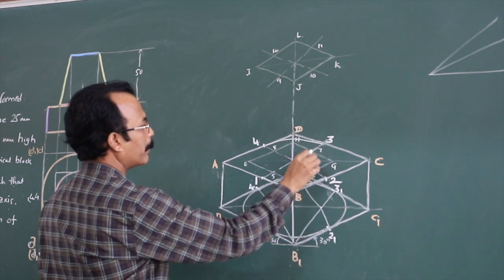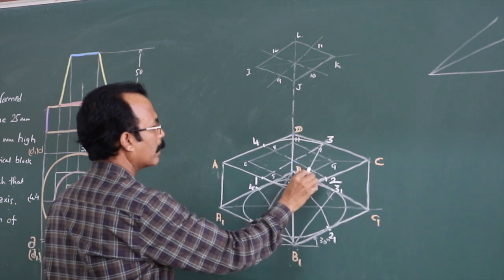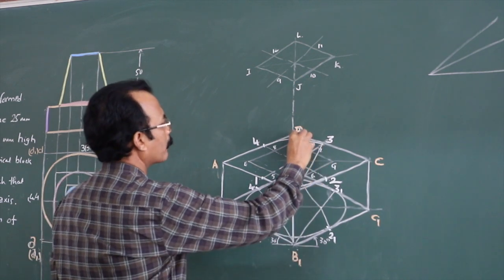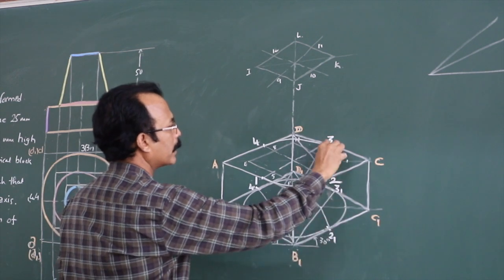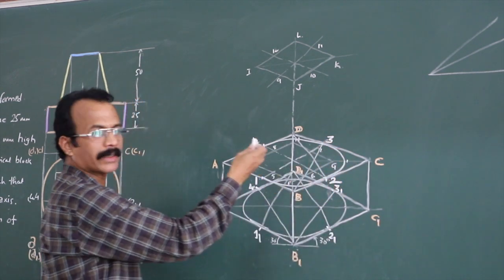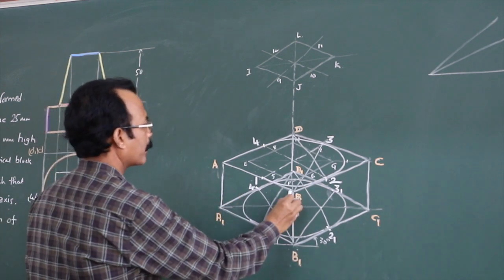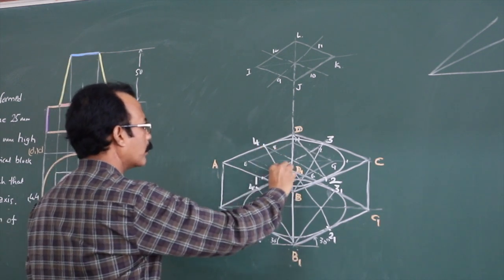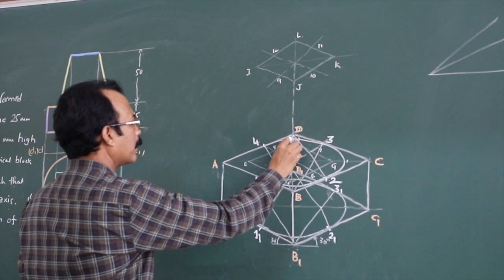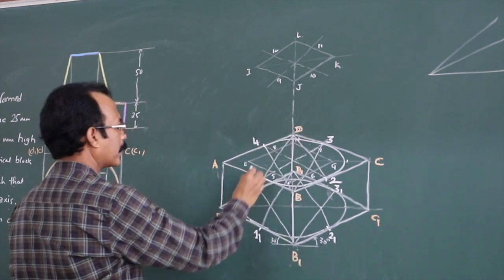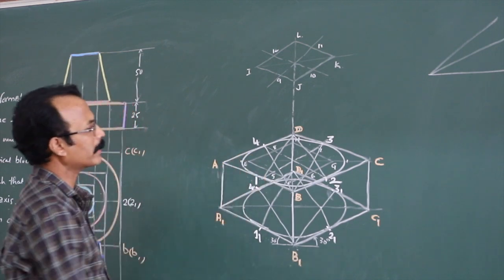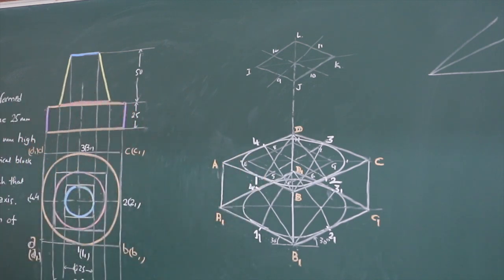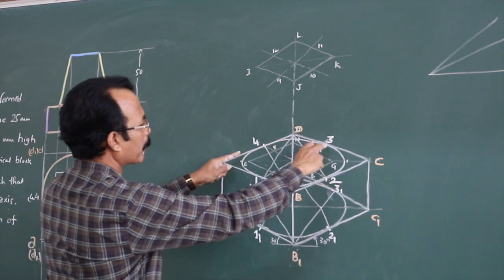Then from B connected to 3 and from D connected to 2, you will get this third curve there. Okay, it's repetition of your cylinder part. Then connect B4, then D1, you will get the next center and connect this, get this curve, right? So this is your cylinder part.